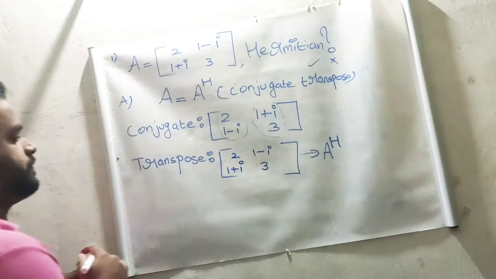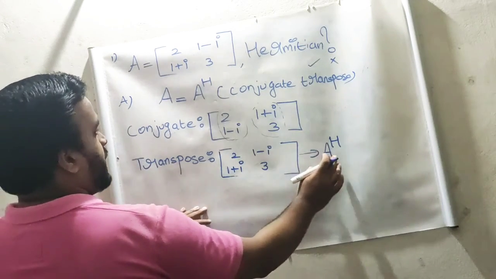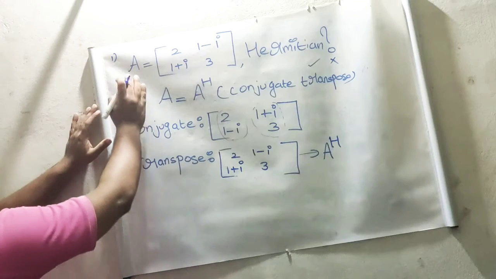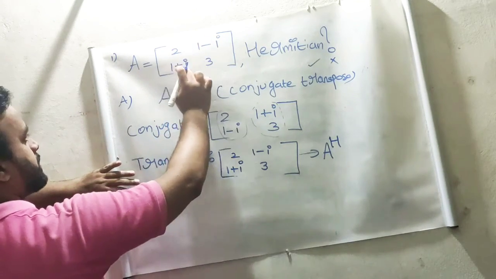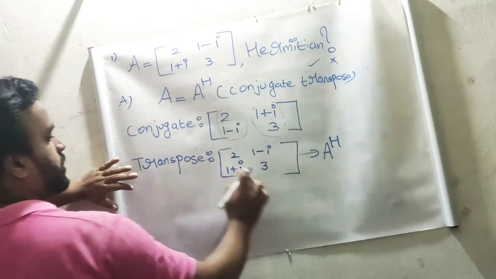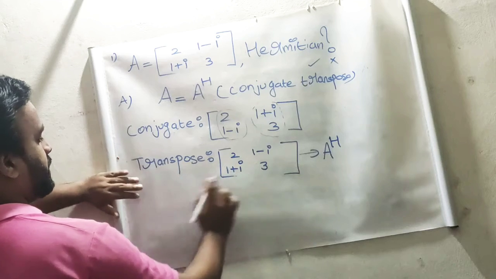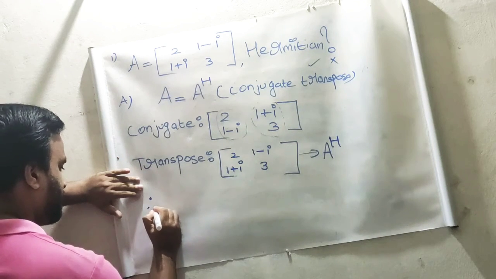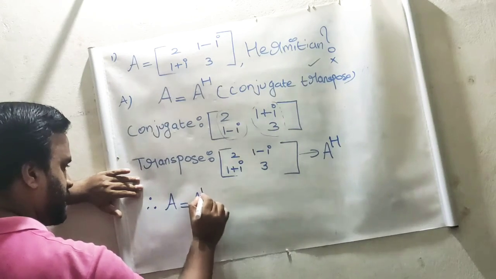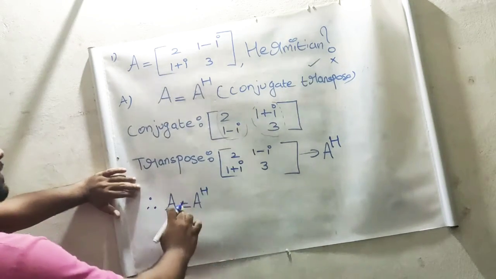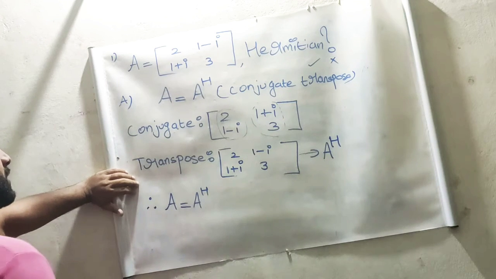Let's check the matrix AH with respect to the matrix A. A is [2, 1 minus i; 1 plus i, 3], and the conjugate transpose is also [2, 1 minus i; 1 plus i, 3]. So it is clear that A is equal to AH, where AH is the conjugate transpose matrix.